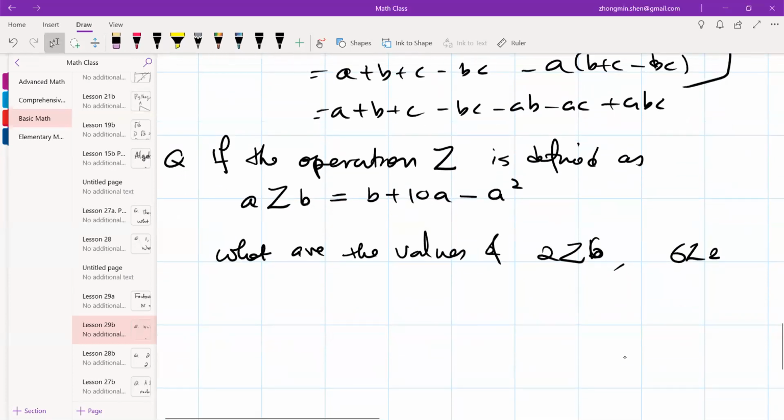Are they equal? So 2Z6 is going to be 6 plus 10 times 2 minus 2 squared, when A is 2. So it is going to be 20 and 2, that's 22.